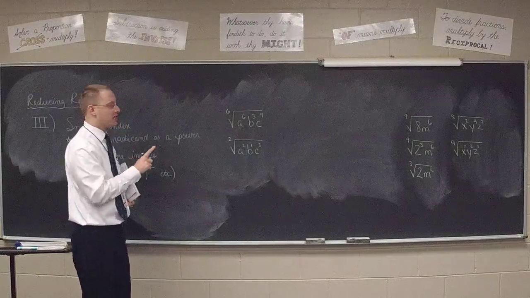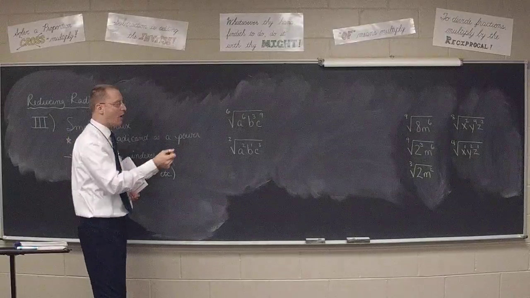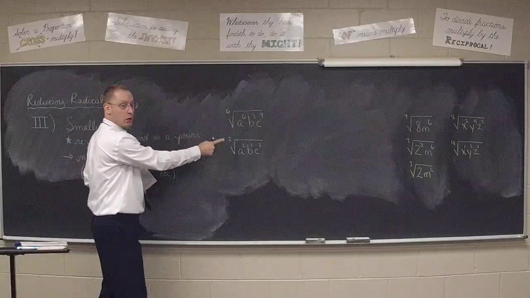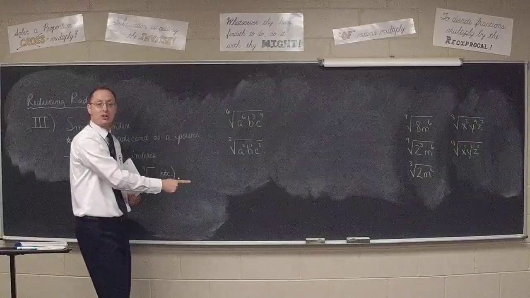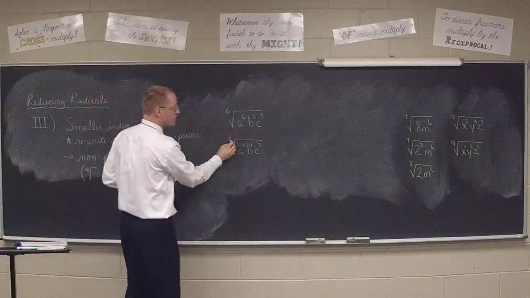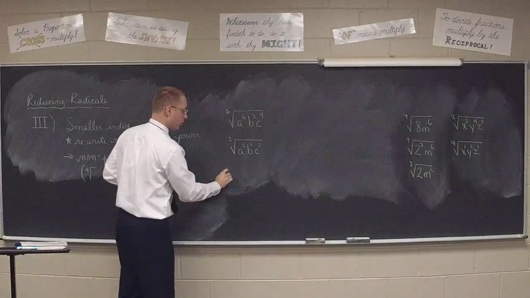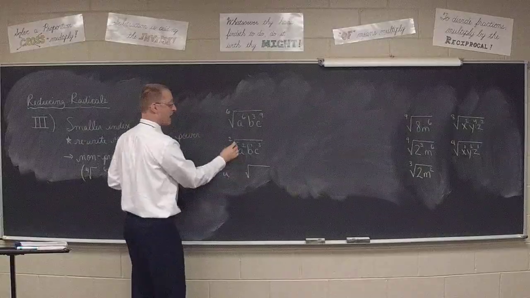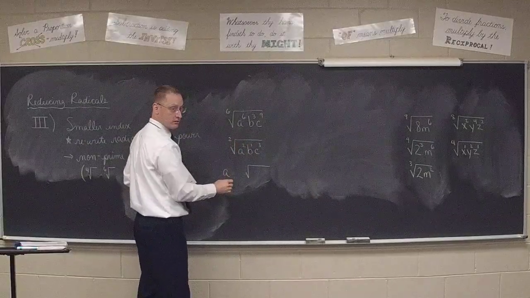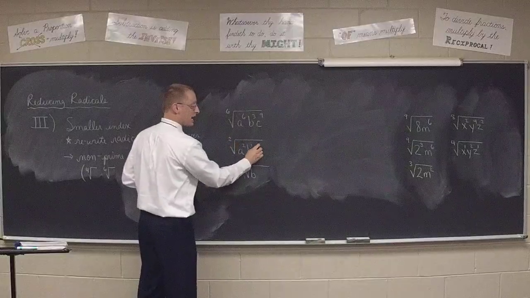That's as much as we can knock it down. But do you notice something now? Now that I've made the index smaller, go back to the first way of reducing radicals. How many times does this go into that, Maddie? Once, with nothing left. How many times does this go into that? Nothing, so we're going to leave the b. And how many times does this go into that?